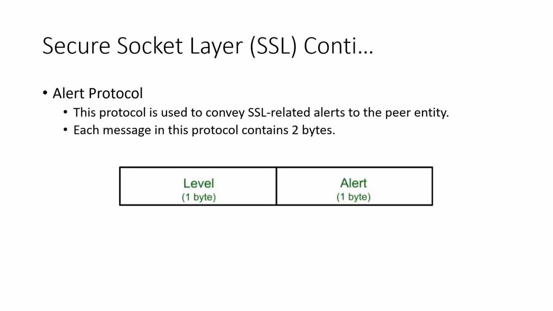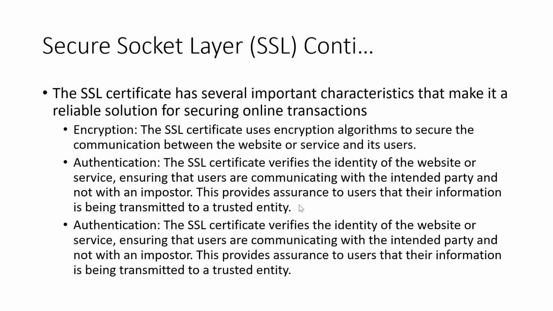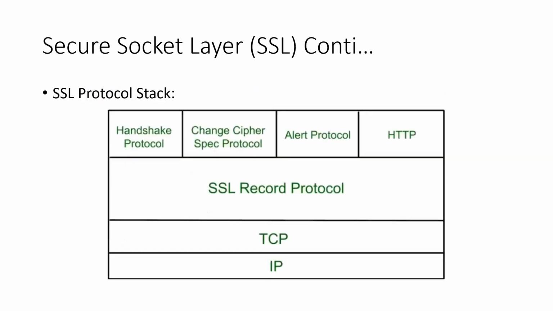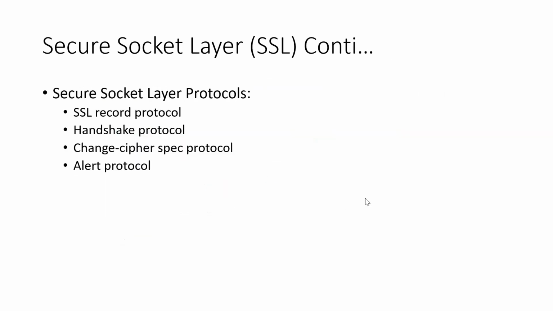Each message in this protocol contains 2 bytes. So it's 1 byte for level, 1 byte for alert. Okay. So altogether here in the stack, you have the record protocol, handshake protocol, then the next step will be the change cipher spec protocol. It has only 1 byte, then the alert protocol, then the record protocol will be running. Okay.